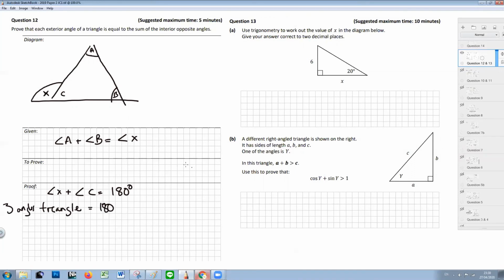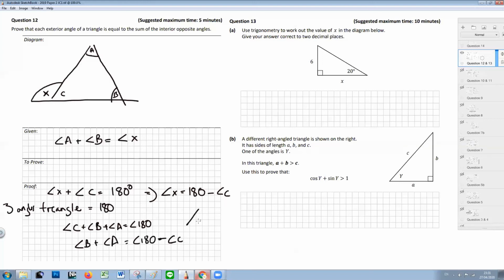So X is equal to 180 minus the angle of C. And you could also say the angle of C plus the angle of B plus the angle of A is equal to 180 degrees, or angle B plus angle A is equal to 180 degrees minus the angle of C. And now these two things are equal to each other.